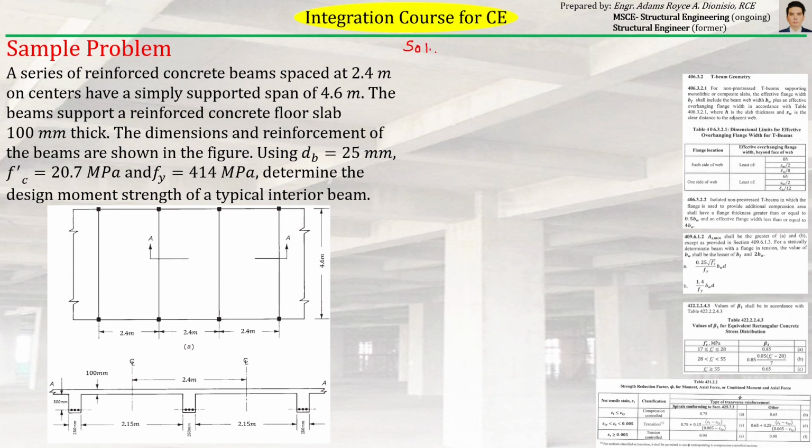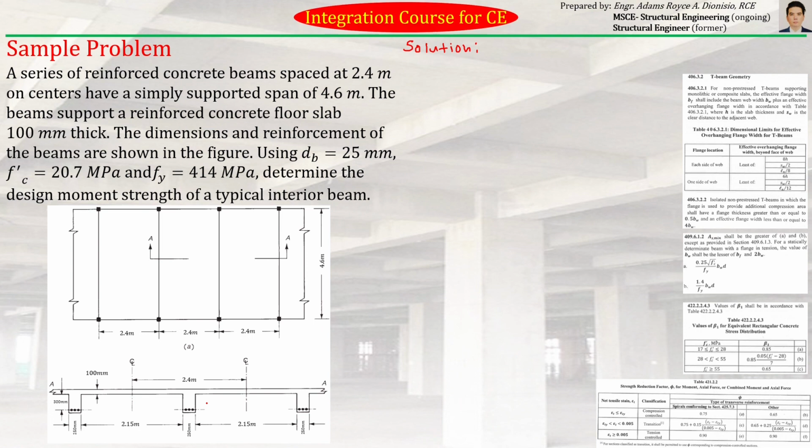Okay? So before we proceed with the solution, first things first, we have to know kung ano yung effective flange width ng T-beam natin. Usually, nangyayari ang T-beam for monolithic construction kapag binubuhusan yung concrete beam together with the slab. And usually, in practice, ganoon naman talaga yung nangyayari. Pag yung beam binuhusan, usually sabay yung slab para monolithic sila.